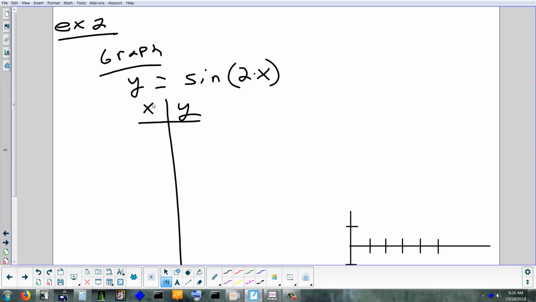So a period change stretches and compresses left and right. So what values are not affected at all? The y's. So we're going to keep the y's the same. Unfortunately, those are the easy numbers to work with, and we don't get to work with them this time.